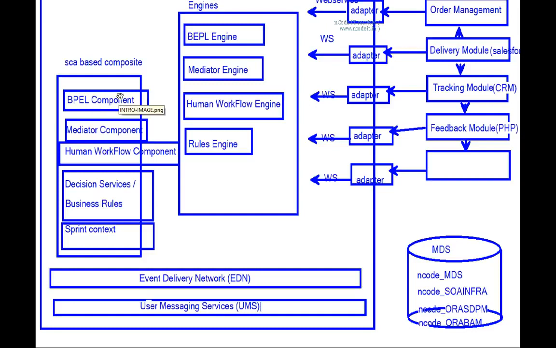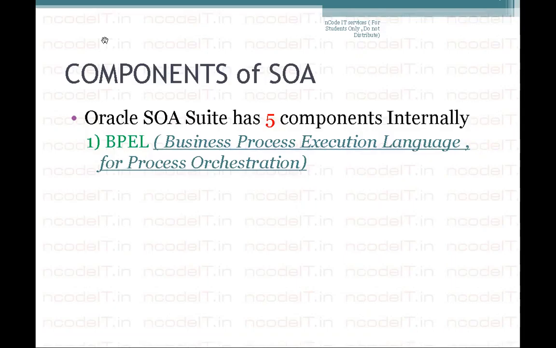That's one component, whereas all these components are written in the BPEL language also. So the name is used as a synonym in most cases, but the component is basically one element, whereas BPEL is a generic programming language that we use. We're trying to look at individual components inside SOA.